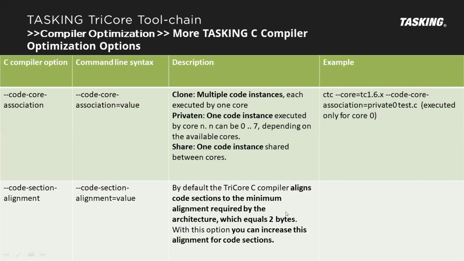But you could definitely increase the alignment to 4 or 8 bytes if you want. It really depends on what you are going to do with the toolchain. So please consider this code section alignment if you want to increase the alignment for your code.